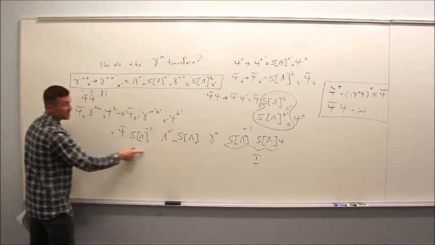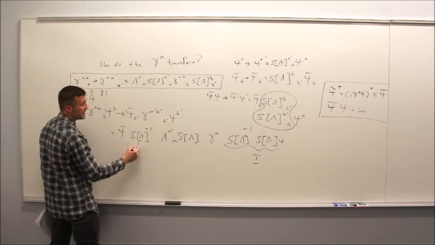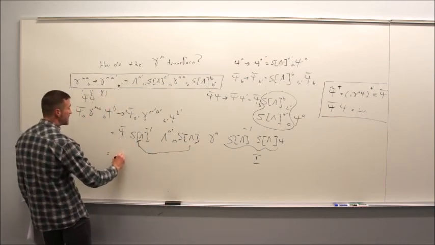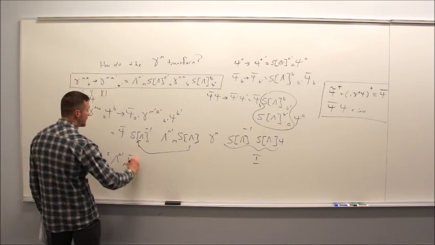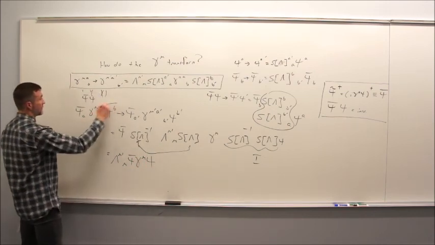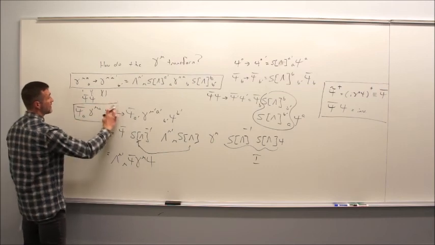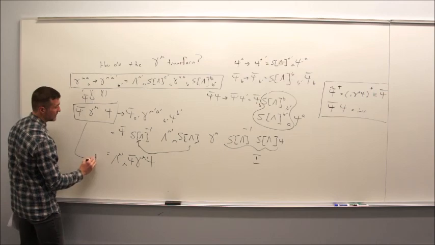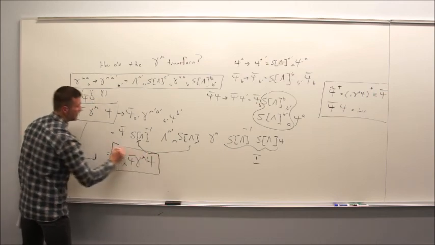So this I could actually pull out of the whole expression, and then this would cancel this. And so what I find at the end of the day is that I have this transformation rule for this combination, where I'm giving up on indices. The spin indices suck. Okay?